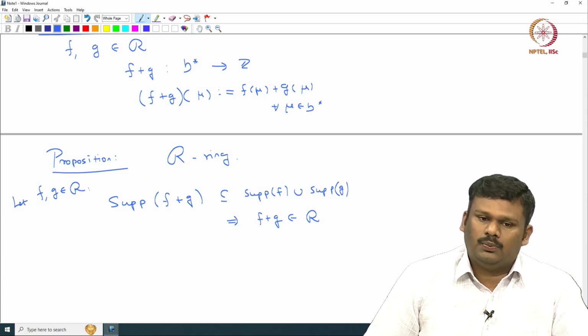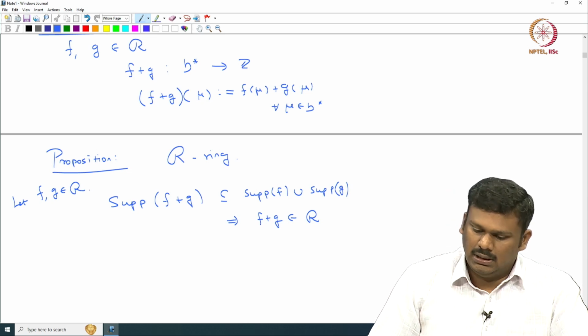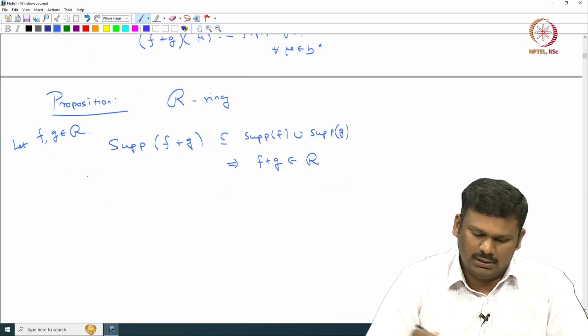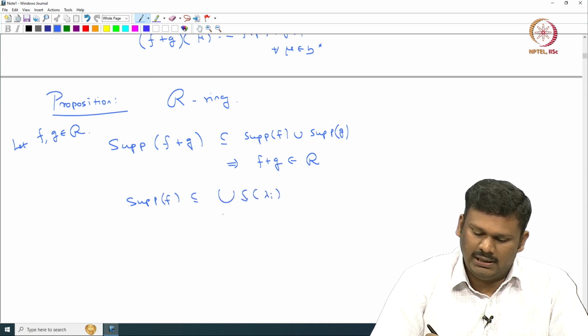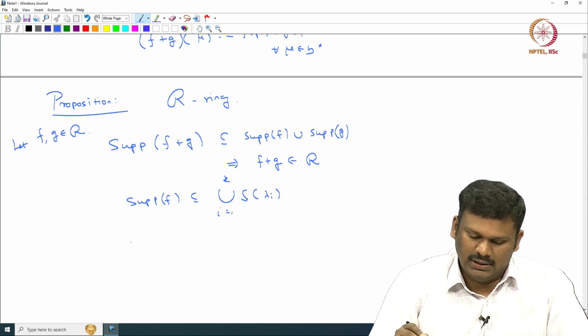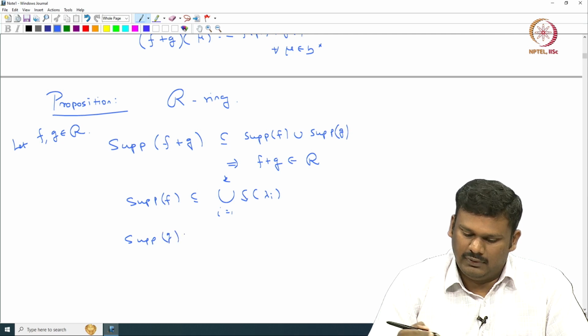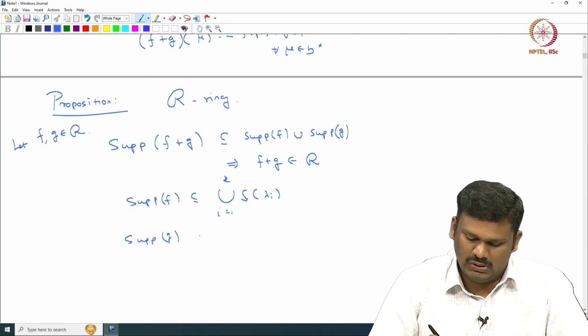Now what about the product? The product is a little bit tricky, but it is not that hard actually. If you take the support of f, let us say it is contained in the union of S of lambda i, i ranging from 1 to k. Without loss of generality, we can assume the number of S of lambda i's that appear for g is the same.